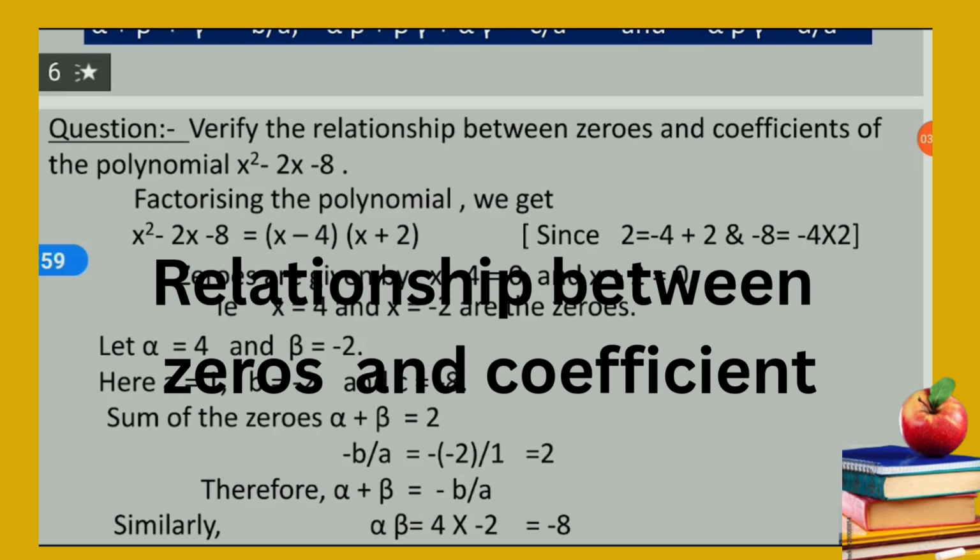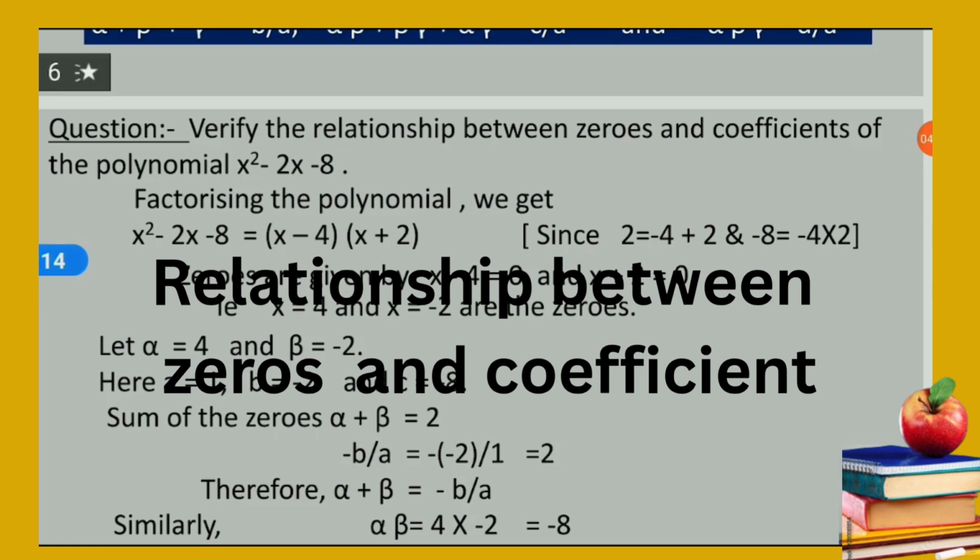Hence, the zeros are given by x − 4 = 0, which means x = 4 is the first root, and x + 2 = 0 implies x = −2. Hence, the zeros are 4 and −2.